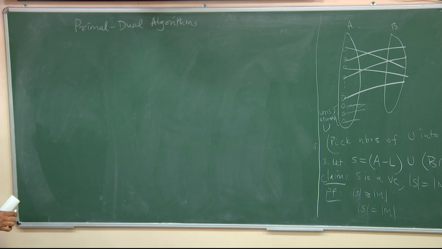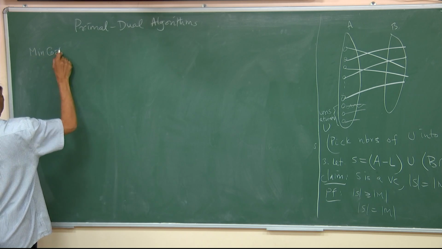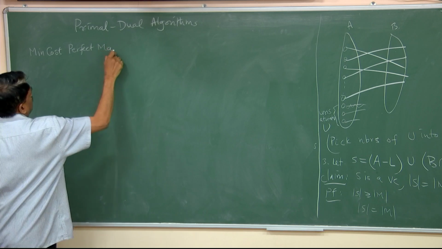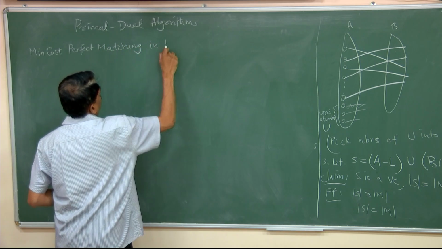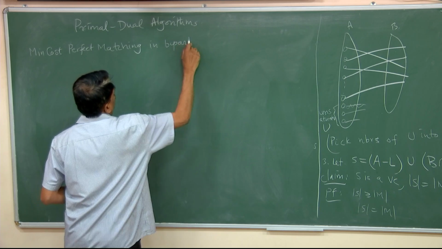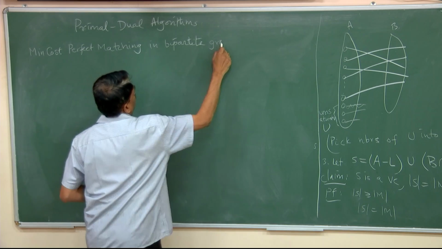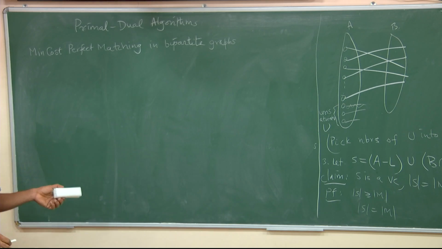So we will illustrate it on min cost perfect matching in bipartite graphs. We saw this algorithm, but I'm going to redo it and let you see it as a primal dual algorithm.